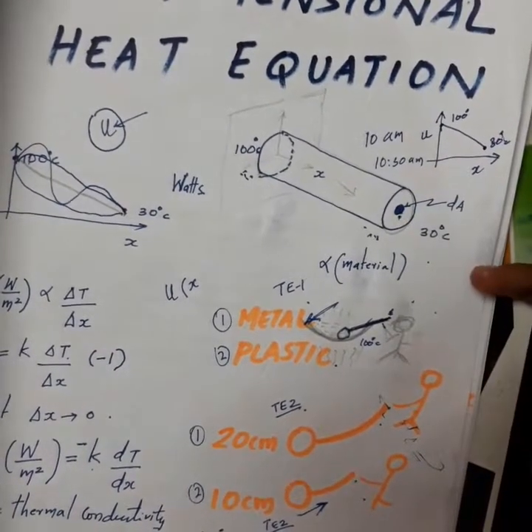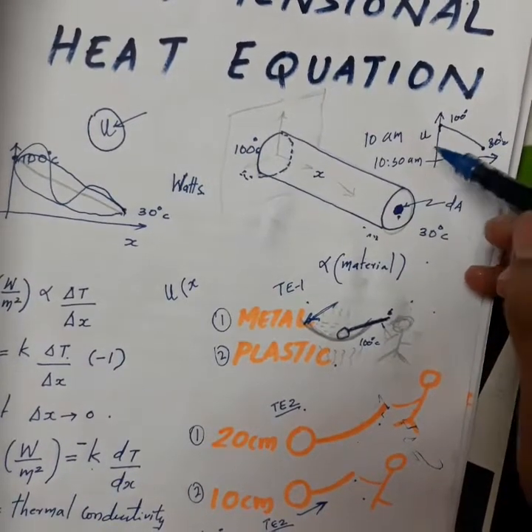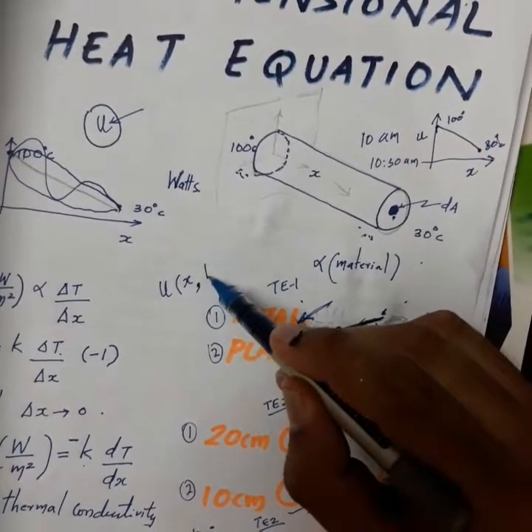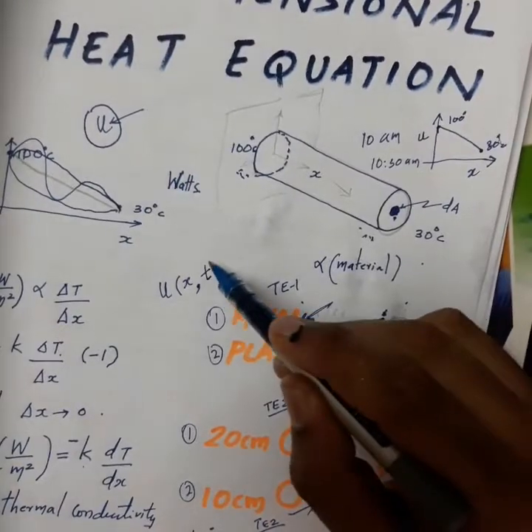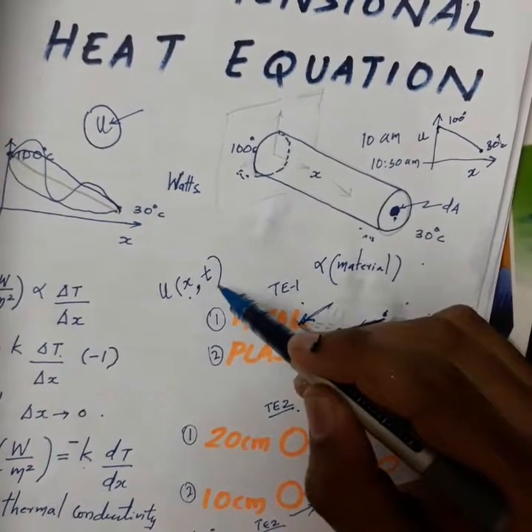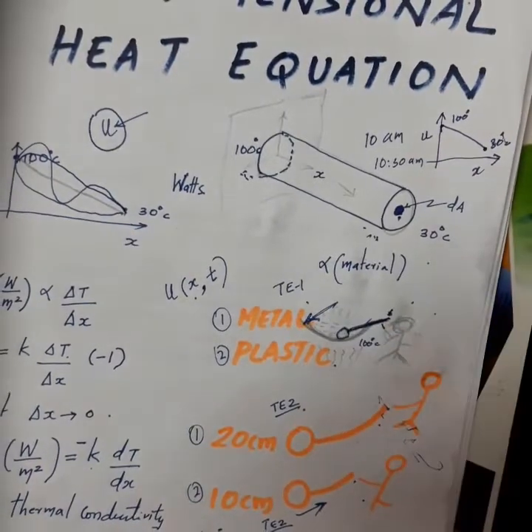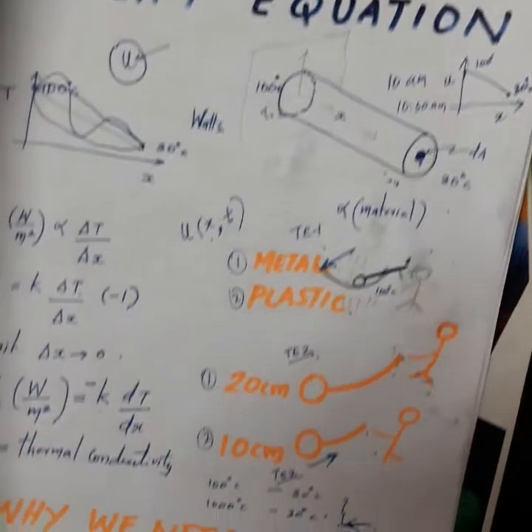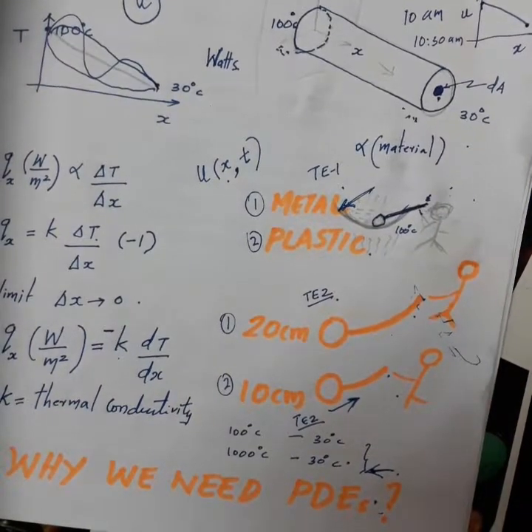It will change. So u, which is the temperature, is a function of both x as well as t. You are trying to figure out the temperature, which is a function of two variables. That's why you need partial differential equations.